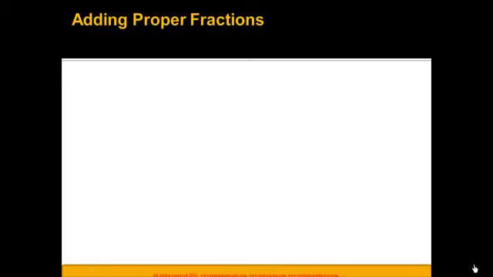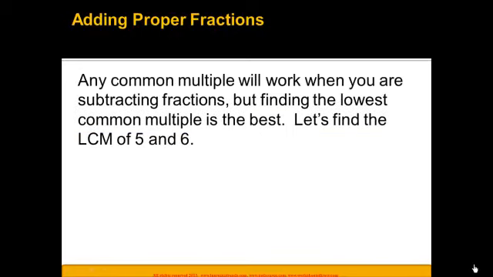Any common multiple will work when you are adding fractions, but finding the lowest common multiple is the best. Let's find the lowest common multiple, or LCM, of 5 and 6. The first 6 multiples of 5 are 5, 10, 15, 20, 25, and 30.